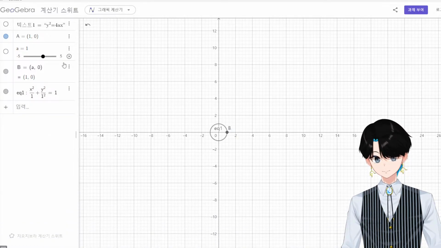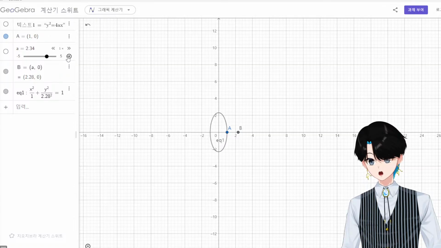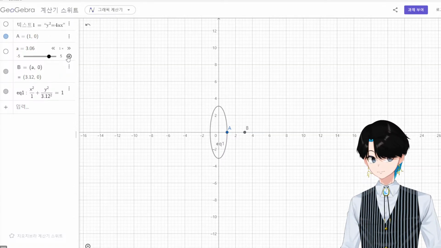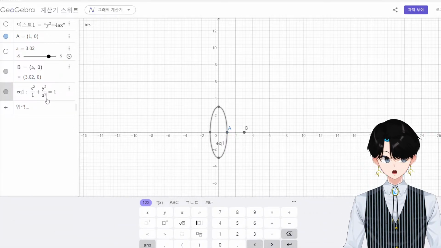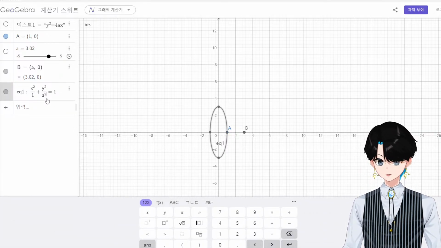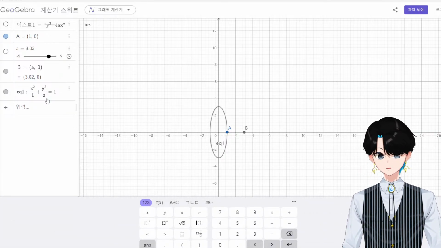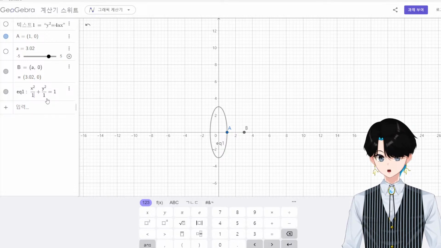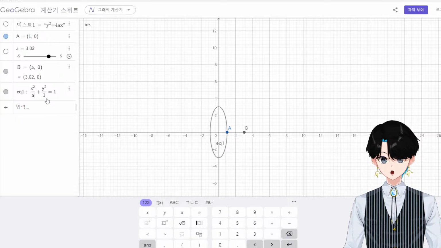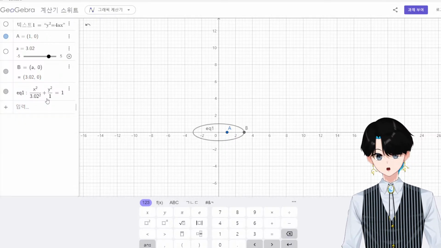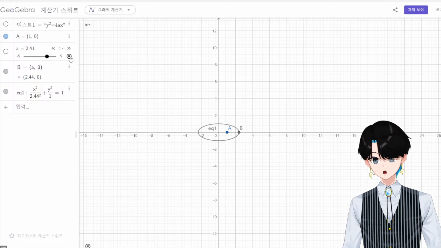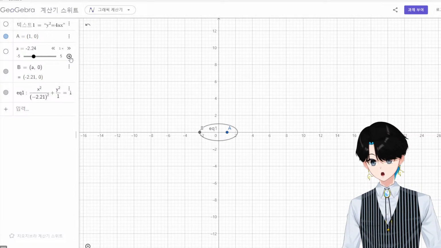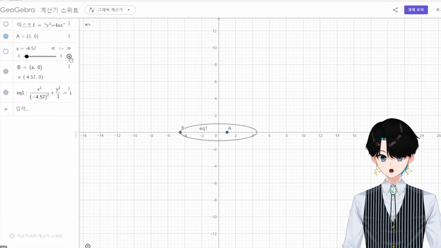Okay, what happens if I do this? It's in the wrong side. Yes, it's in the wrong side, not in here. We go in here. But this is also not what I had in mind.